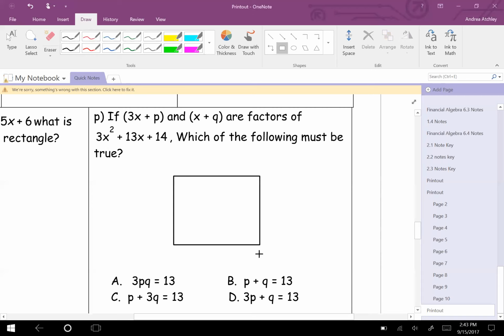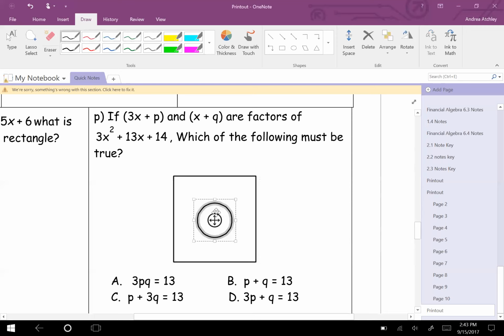So let's draw our little factoring box. We have our 3x squared, our 13x, and our 14. They're saying that the length is 3x plus p, and the width is x plus q.